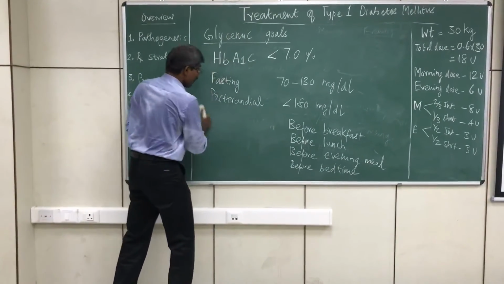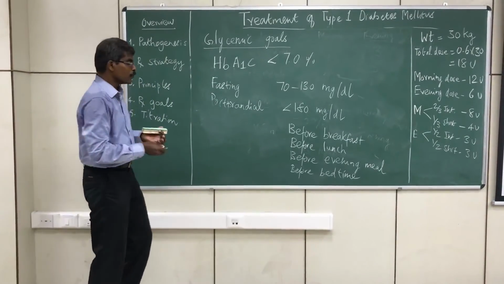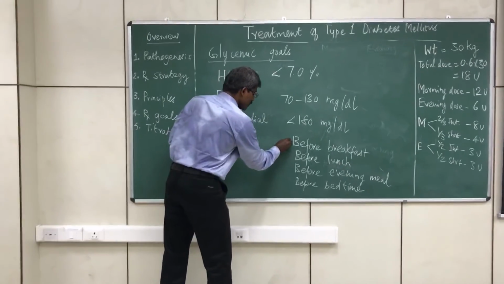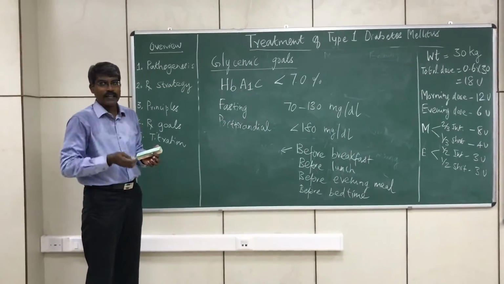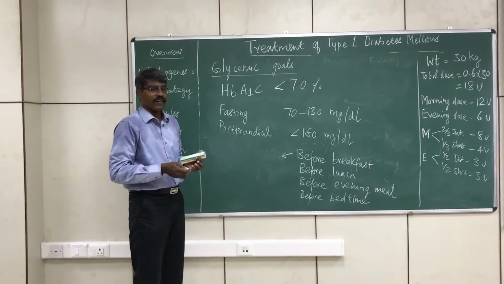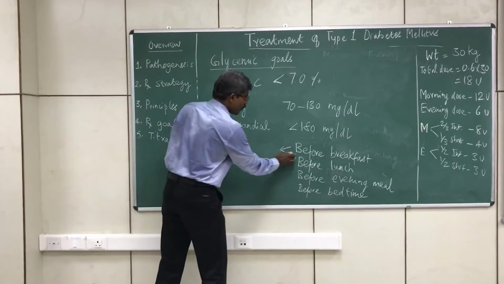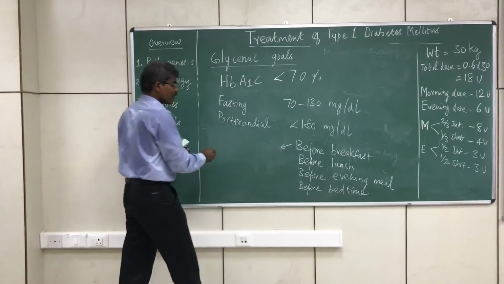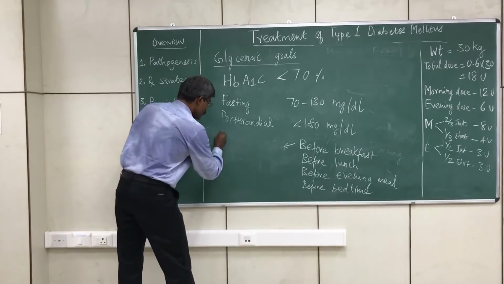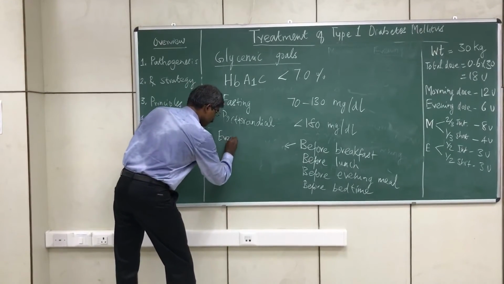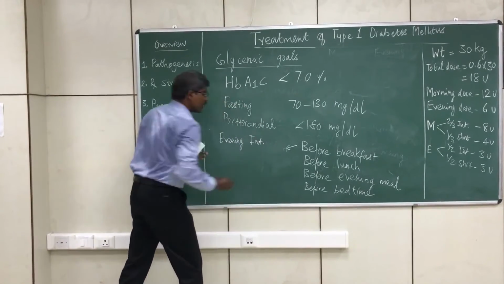Now you can see that these 4 levels correspond to the following. If the before breakfast level is not maintained, let's say the blood glucose level is high, then it's very obvious that in the 2 injection regime we need to alter the evening dose of intermediate acting.